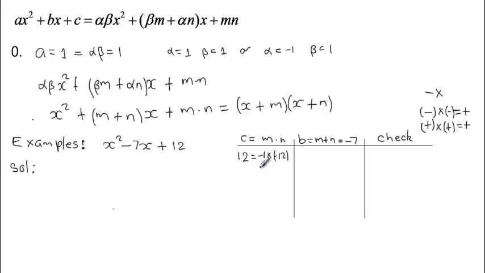And then 1 times 12, 2 times 6, minus 2 times minus 6, 3 times 4, and then minus 4 times minus 3.